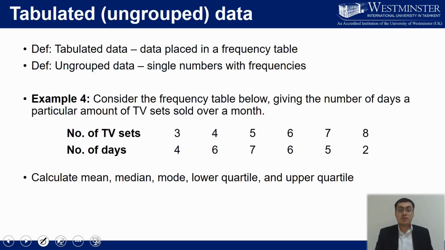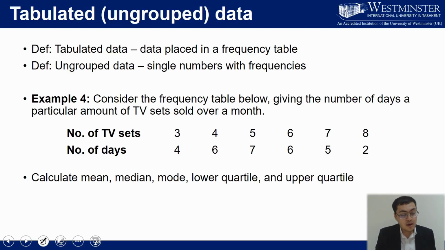Right. Now, let's move on to tabulated ungrouped data structures. Tabulated basically means that the data has been placed in a frequency table, which we have already done in seminar number 1. I hope that is something you are already familiar with.